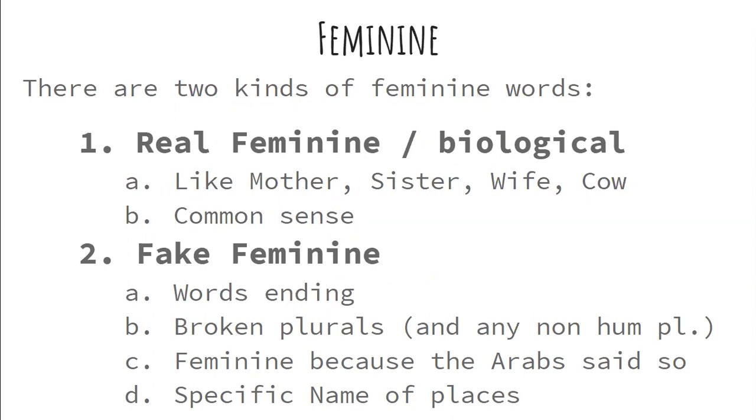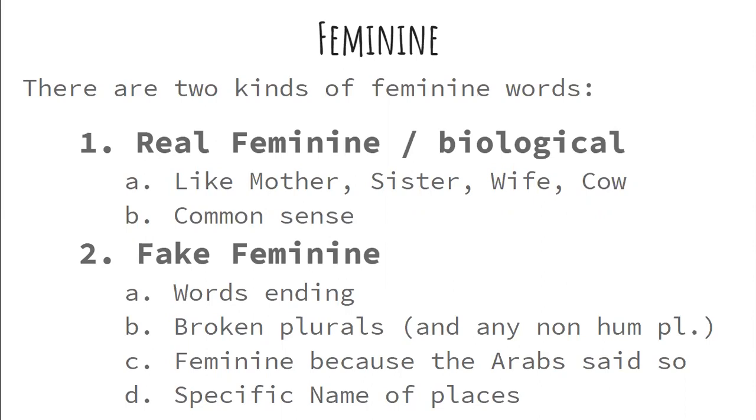So how many categories of feminine words in Arabic? Two. What are those? Real feminine and fake feminine. And what is the real feminine? Biological. Yes, they are actually female. And fake feminine are not actually feminine, but Arabs treat those words as feminine.